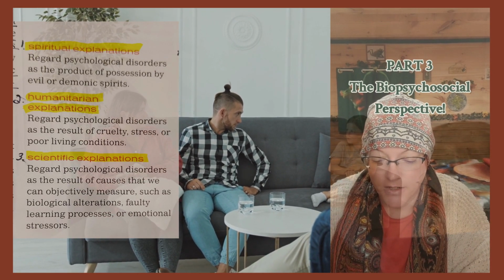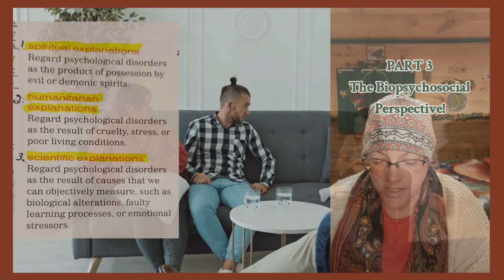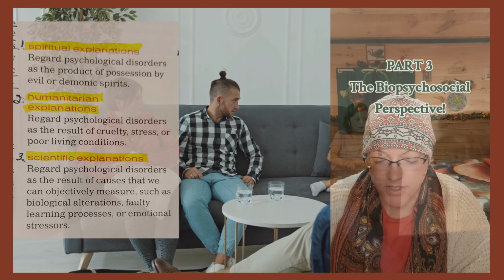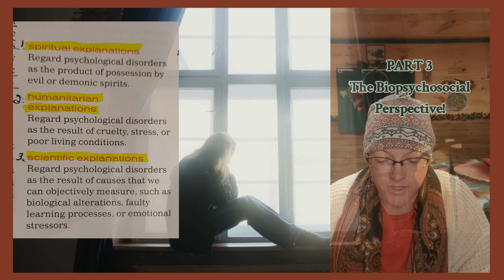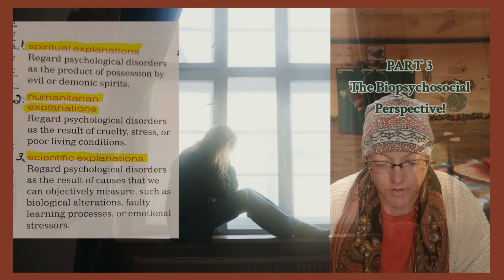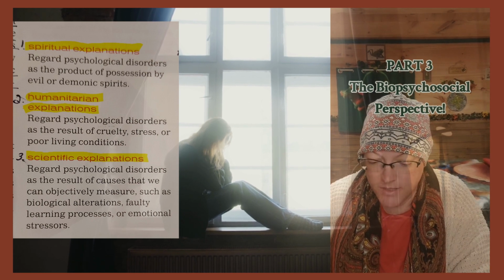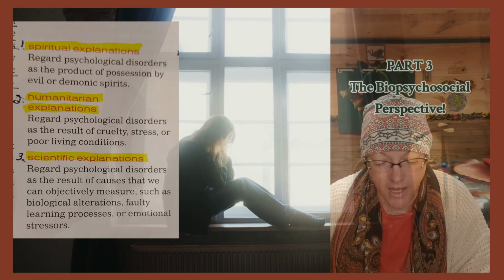However, we cannot so neatly divide the causes of abnormality. There is often considerable interaction among the three sets of influences. Okay? The biopsychosocial perspective incorporates a developmental viewpoint. This means that individuals must be seen as changing over time.